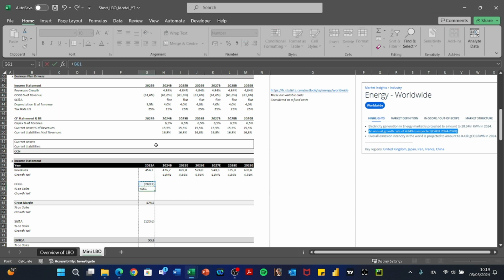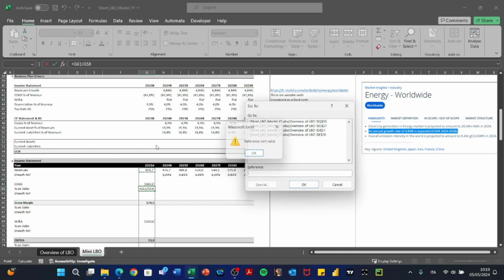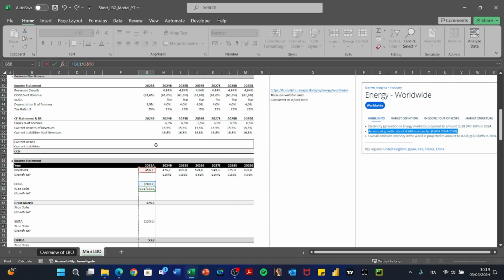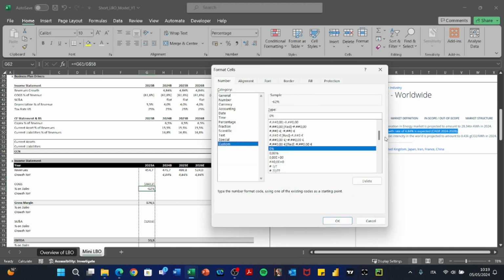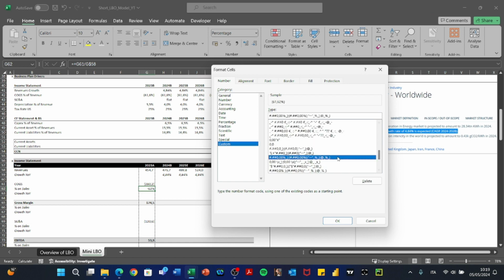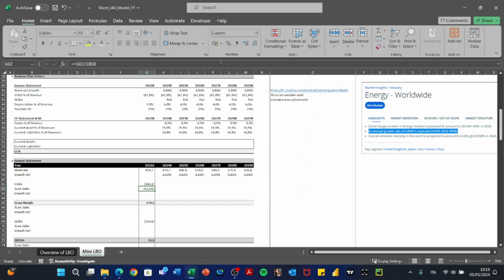So gross profit will be equal to gross margin times revenues.